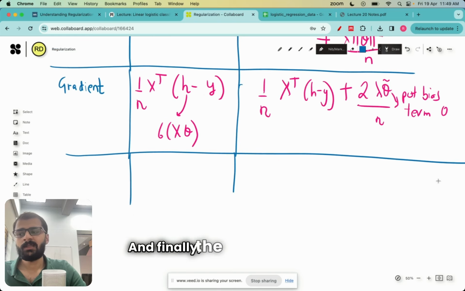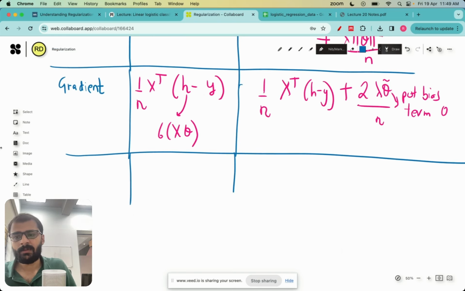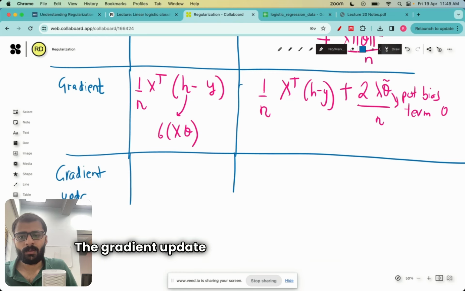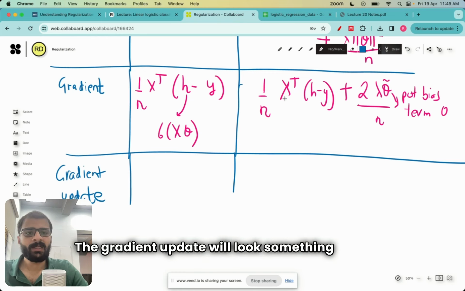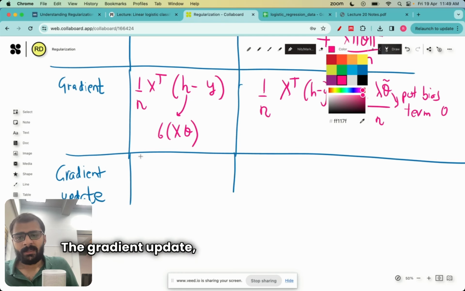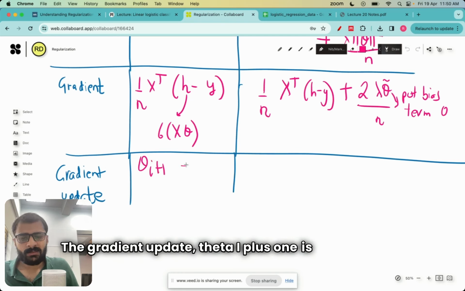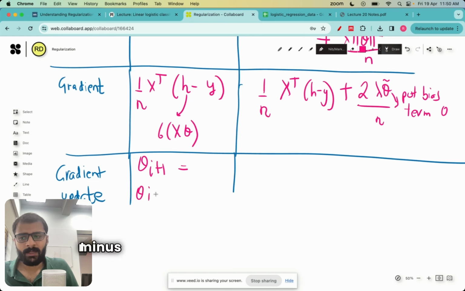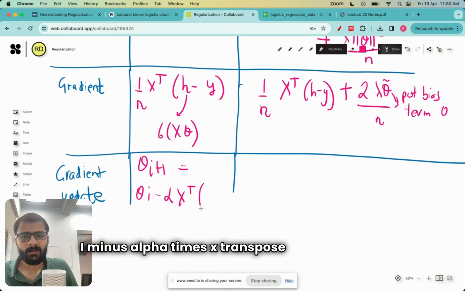And finally, the gradient update will look something like this. The gradient update is theta i plus 1 equal to theta i minus alpha times x transpose h minus y by n.